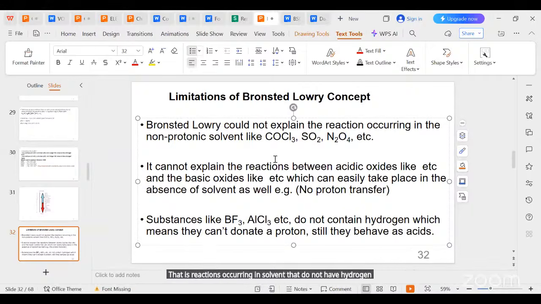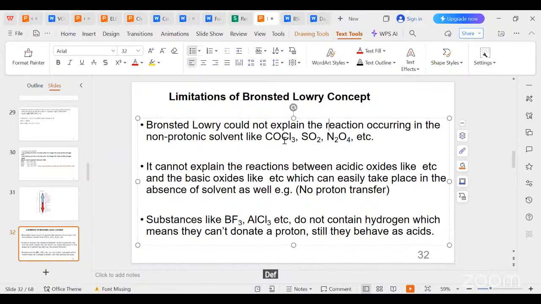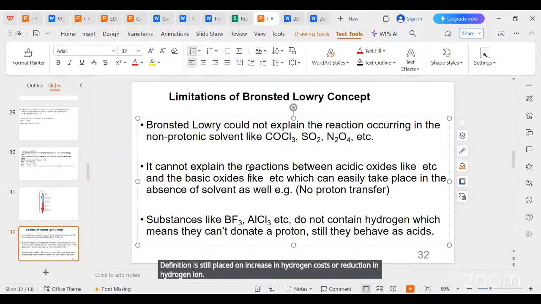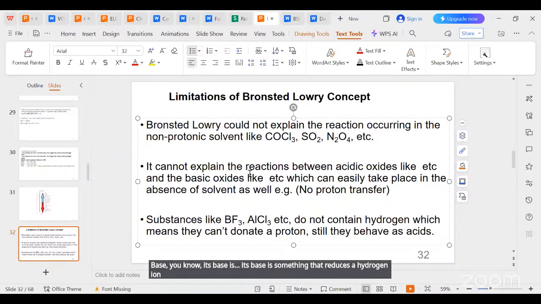It could not explain what is happening because its definition is still based on hydrogen, on the gain or loss of a hydrogen ion. A base is something that reduces the hydrogen ion, while an acid is something that increases the hydrogen ion.